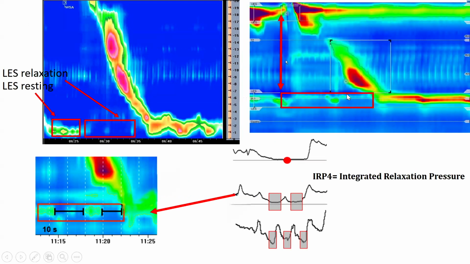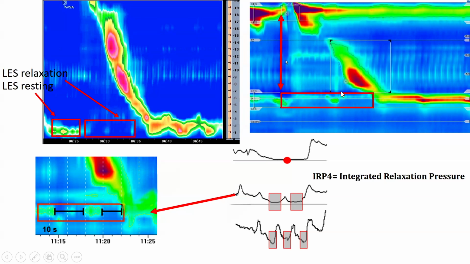This is a normal swallow, and here we have the starting of the swallow, the relaxing of the UES, then the progression of the swallow. And once there is relaxation in the UES, the LES should start relaxing. There is a window. This window is a fixed frame for 10 seconds.